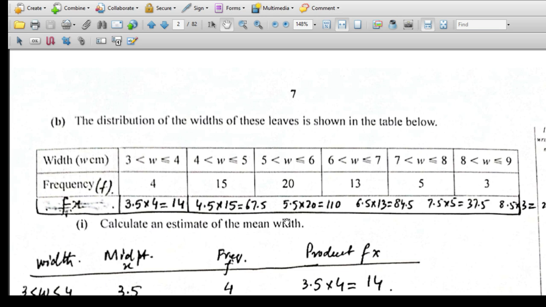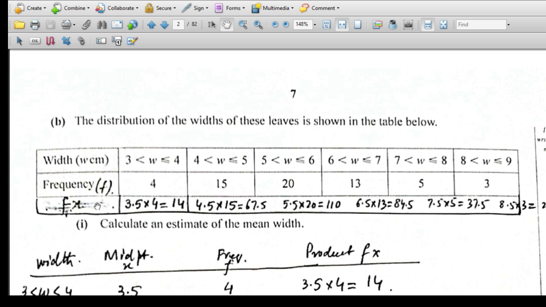We have to calculate an estimate of the mean width. In order to obtain the mean width, we take the class mid value multiplied by the frequency. The mid width would be 3.5, multiplied by the frequency. If this is x, then this is f.